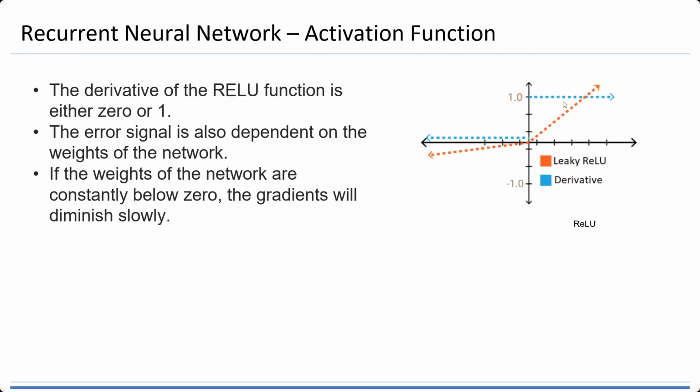So for the ReLU, the derivative of the ReLU function is either 0 or 1. The error signal is also dependent on the weights of the network. And if the weights of the network are constantly below 0, then the gradients will diminish slowly.